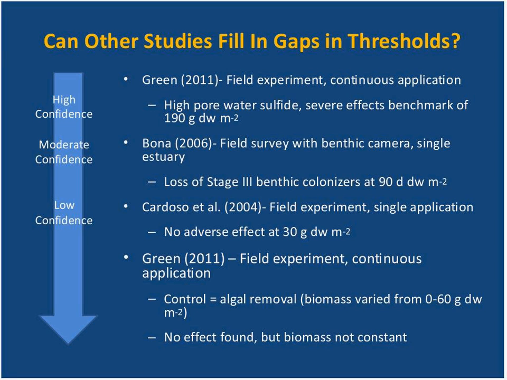So when we ask the question, can other studies fill in the gaps in the thresholds, there are 4 studies in particular that we've decided could be considered, and we've assigned some level of confidence from high to low and how those results should be treated.